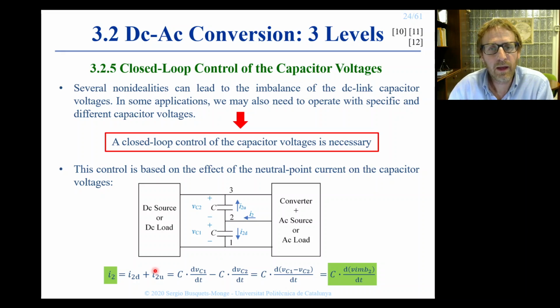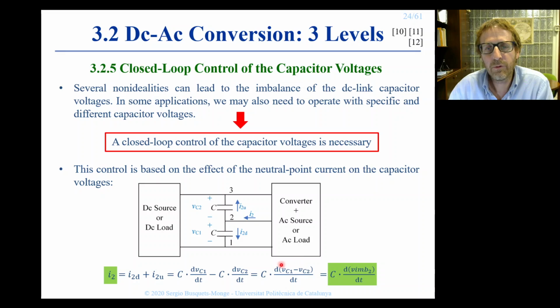And then, through the characteristic equation of the capacitors, we can express these currents in terms of the capacitor voltages. Gathering terms, we end up getting the expression here, where we can see that the neutral point current is defining the derivative of the difference between the two capacitor voltages.